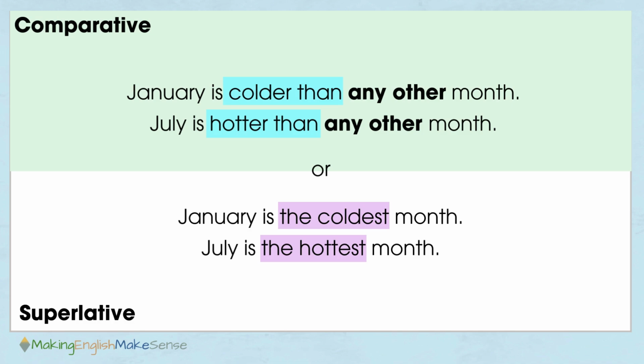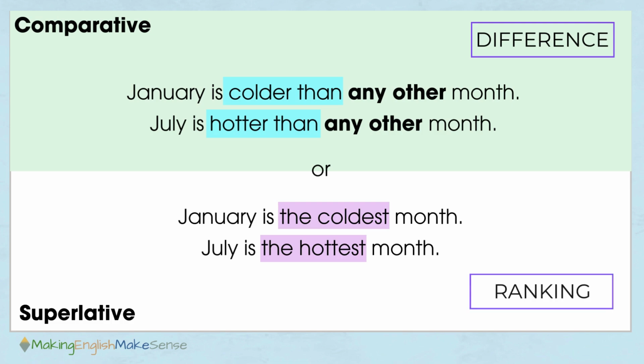If I want to emphasize the difference in average temperature between January or July and the other months, I'll use the comparative form. But if I simply want to indicate their ranking as the highest or lowest on the temperature scale, I'll use the superlative form.